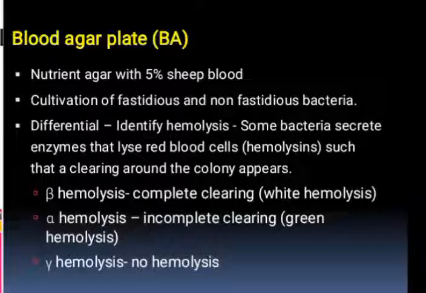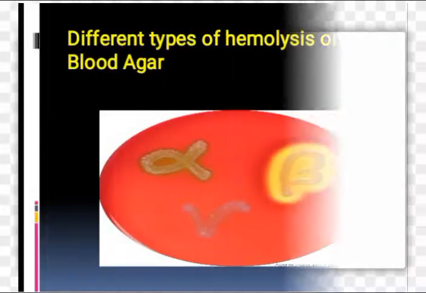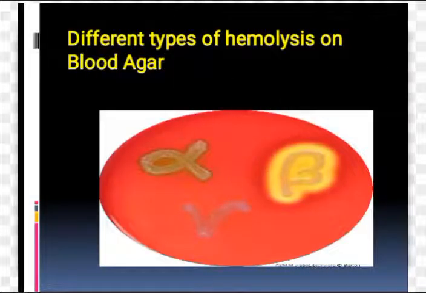Beta hemolysis, which is complete clearing or white hemolysis. 2. Alpha hemolysis, which is incomplete clearing or green hemolysis. 3. Gamma hemolysis, which is no hemolysis. In this picture, you can see different types of hemolysis on blood agar.